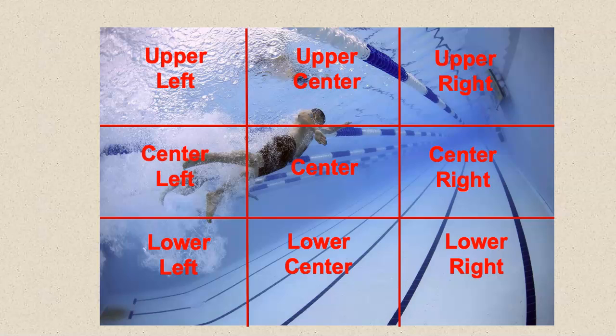The scene appears to be a swimming pool because there are lines along the lower and center sections of the picture, as well as lane ropes in the upper center and upper right sections. The water is clear inside a light blue pool.